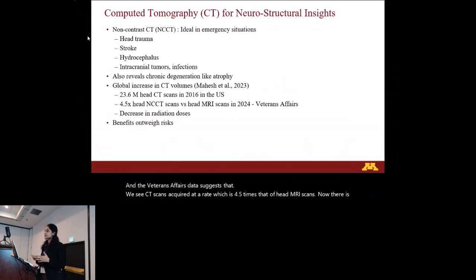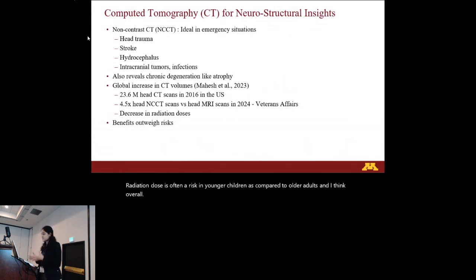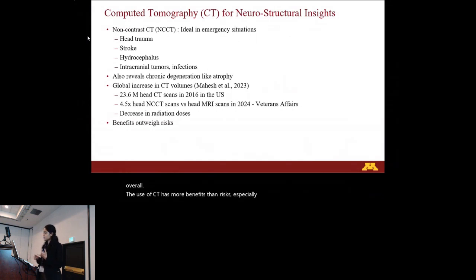Now, there is this concern about radiation dose in CT, about radiation being a carcinogenic, but due to technological optimization, we have been able to decrease the radiation dose that's required to get CT images that are equally high in quality. And radiation dose is often a risk in younger children as compared to older adults. I think overall, the use of CT has more benefits than risks, especially as it's also more accessible as compared to MRI. It's cheaper, it's quicker, and it has fewer contraindications.